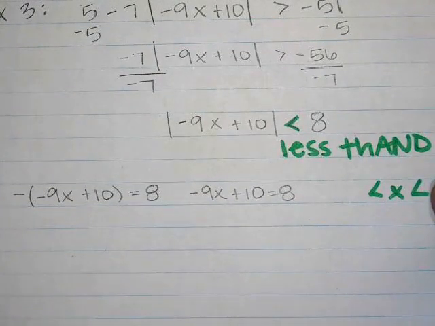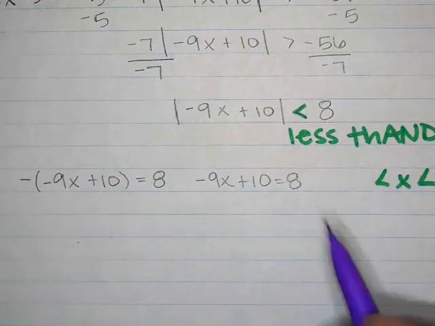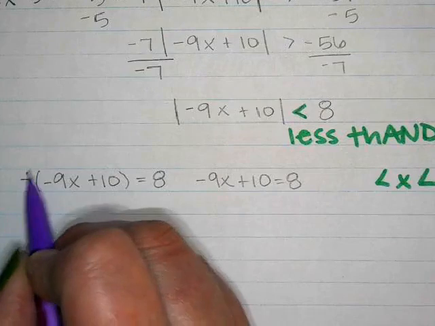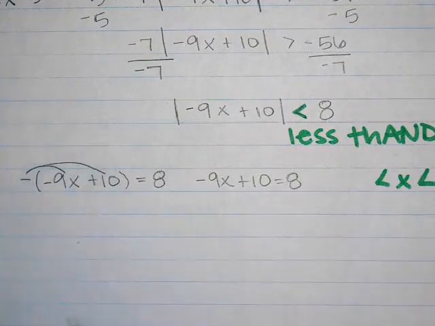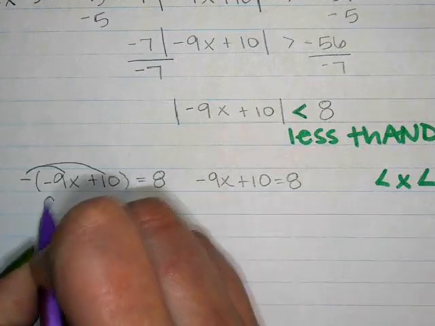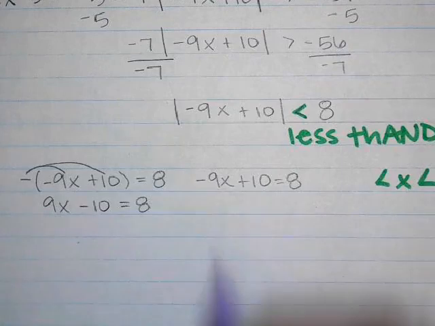All right, and then what should I do? Solve them, yeah. What do you guys want to do first? Which one? The negative? Okay, so we'll distribute the negative. And what do we get? 9x minus 10 equals 8. And we'll go ahead and add the 10 over.